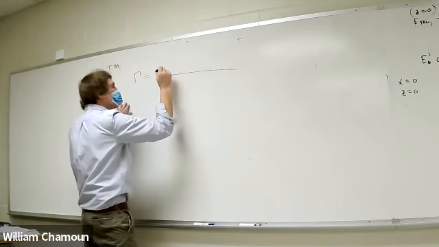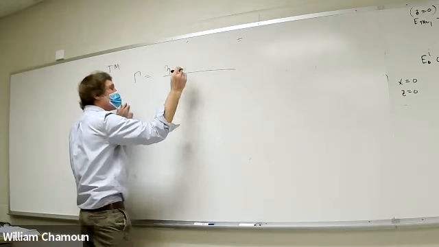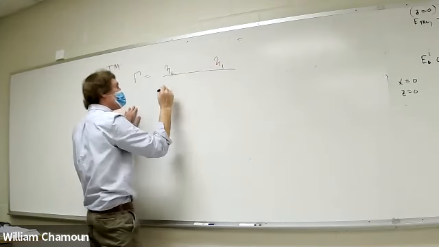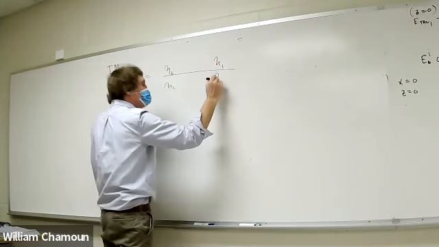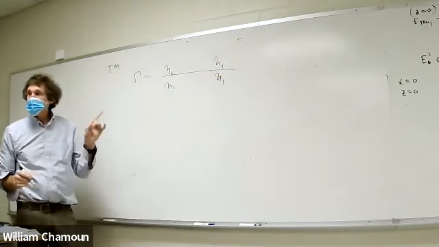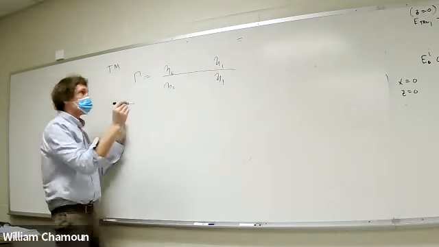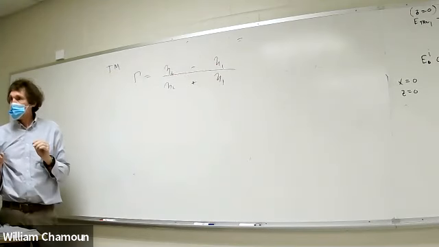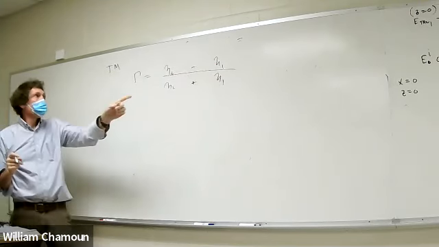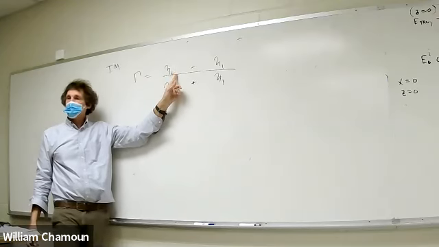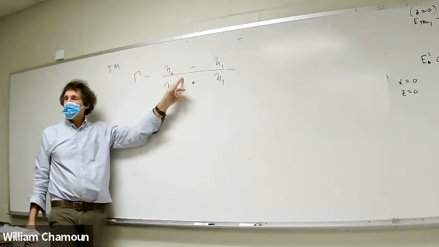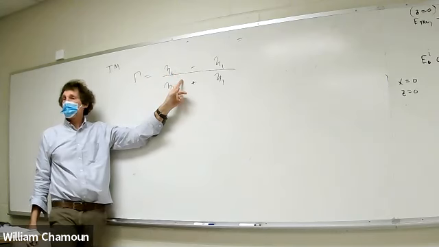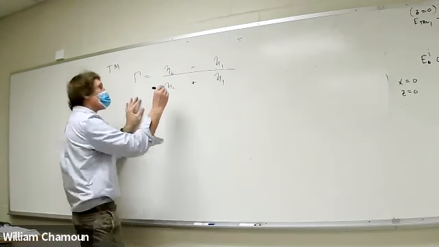I always put eta 2, eta 1, eta 2, eta 1. I know on top, if it's normal incidence, I'm going to have a minus and a plus. Before, that was cosine of theta incident. Here, if you look at the book, it's going to be cosine of theta transmitted.